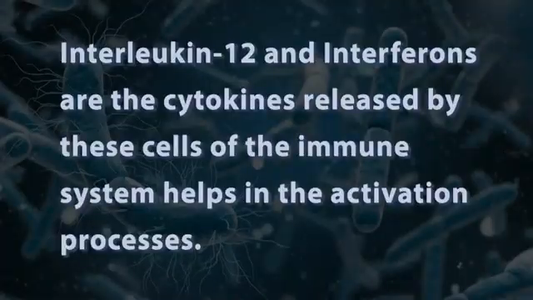The activated Th cells can activate either B cells or the cytotoxic T cells. Interleukins 12 and interferons are the cytokines released by these cells of the immune system that help in the activation process.